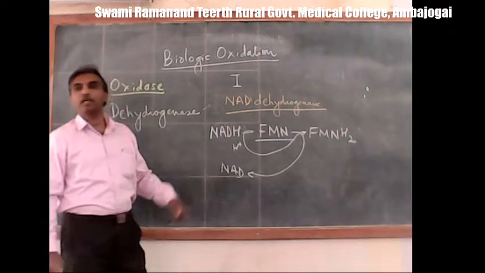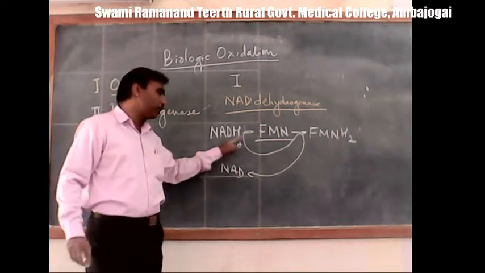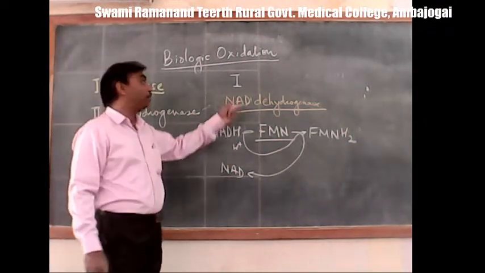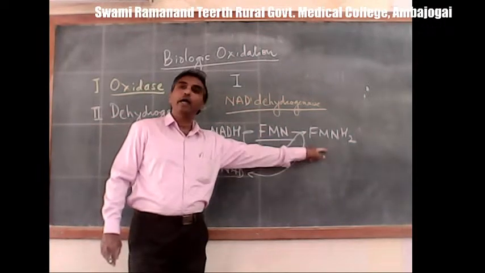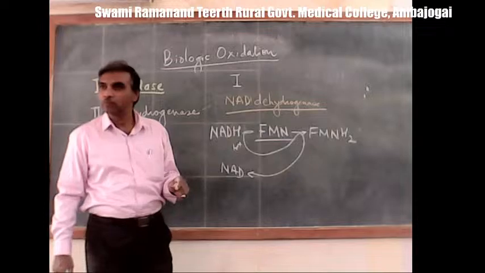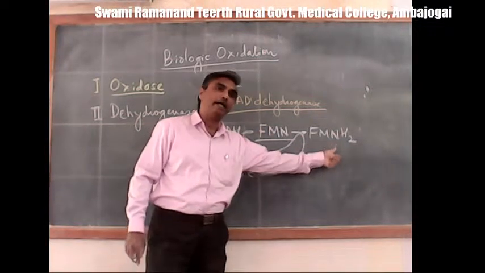Of course, it requires another H. So NADH plus H plus, with the help of NADH dehydrogenase, converts FMN to FMNH2, the reduced flavin mononucleotide.